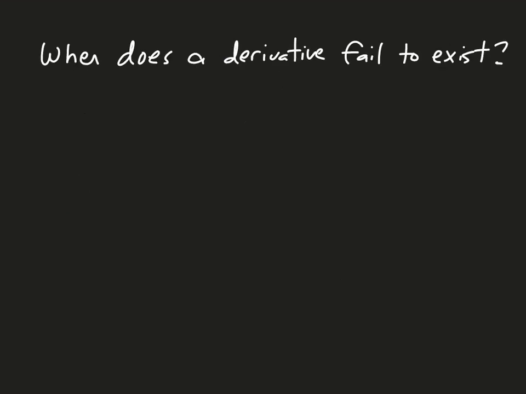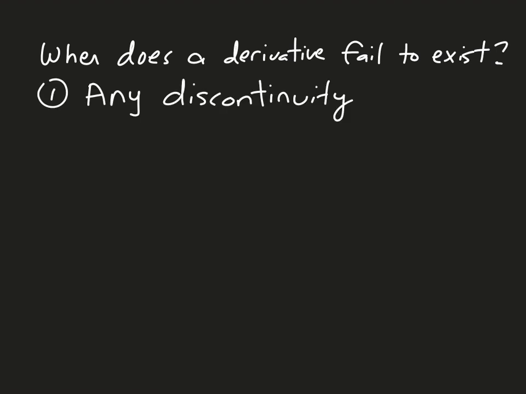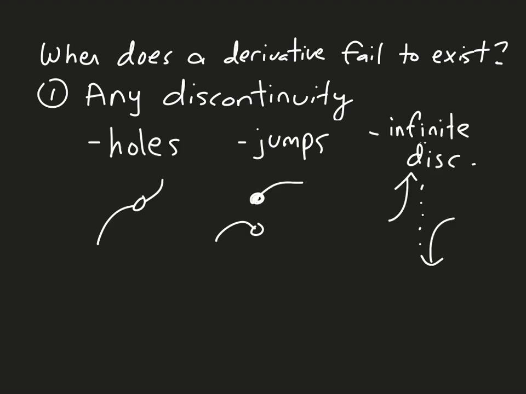So in a perfect world, we'll be working with functions that are continuous and are differentiable, but sometimes derivatives fail to exist. The first case in which a derivative fails to exist is at any discontinuity. So bringing back our discontinuities, when we looked at standard 3, we're talking about holes, jumps, and infinite discontinuities.